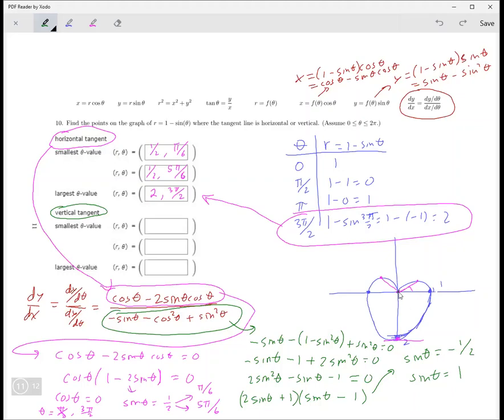Okay, so this is one of them. This is where pi over 2. This gives you pi over 2. This one actually gives you these 2 points here, I guess. What's that angle? 7 pi over 6 and 11 pi over 6.